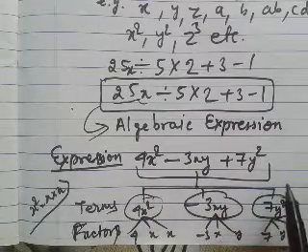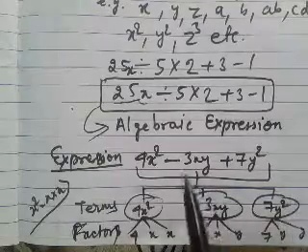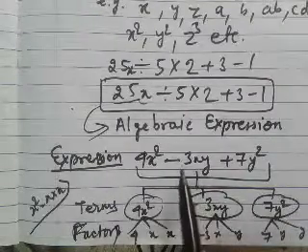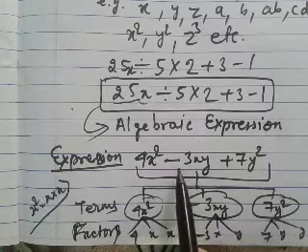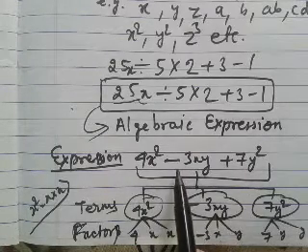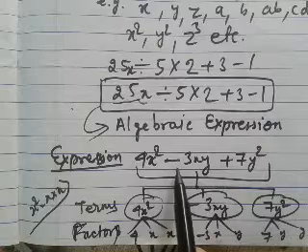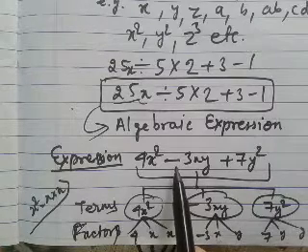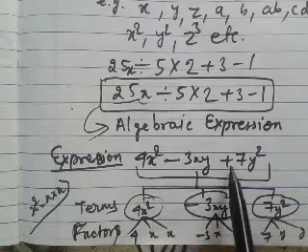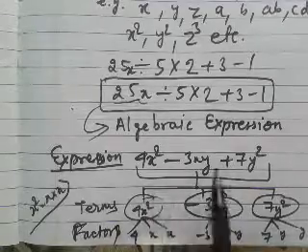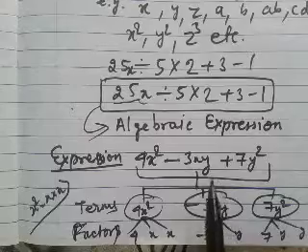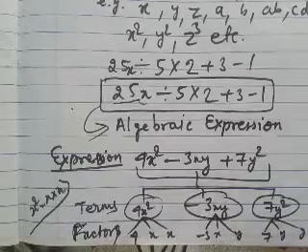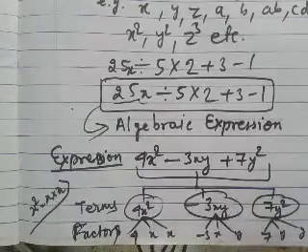Terms we can decide by knowing about the separation of an expression by the mathematical operations subtraction and addition. Multiplication and division are not considered as a separate term in an algebraic expression.